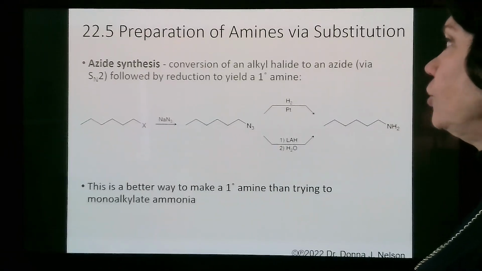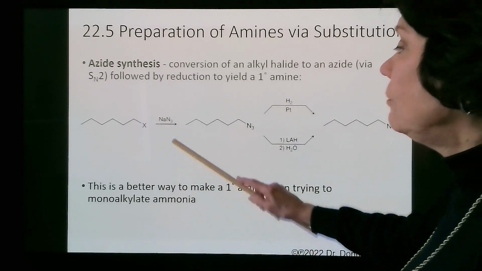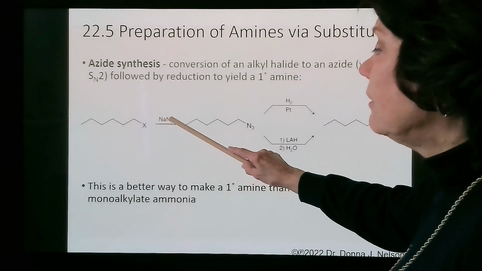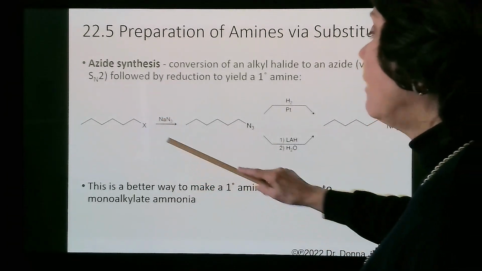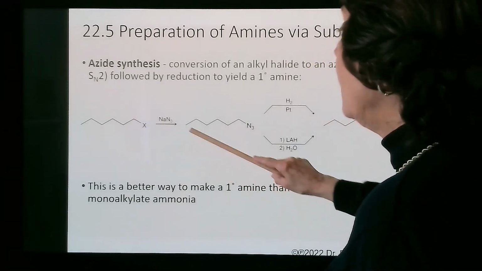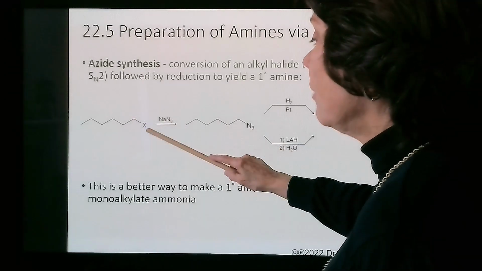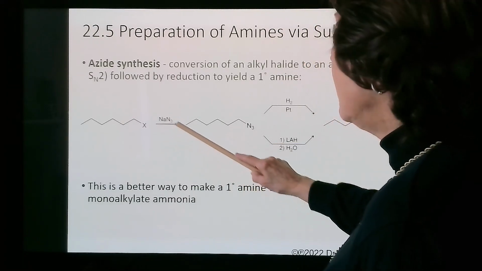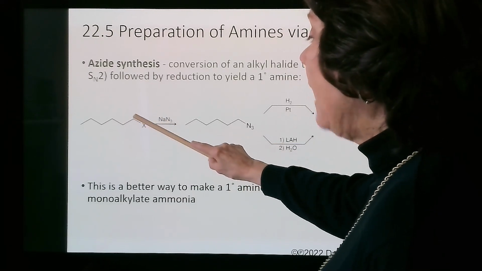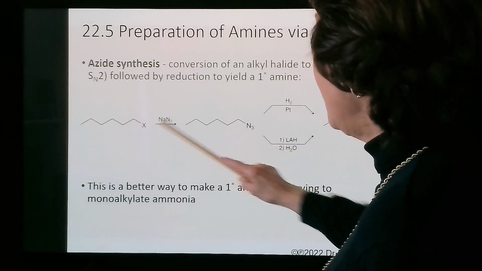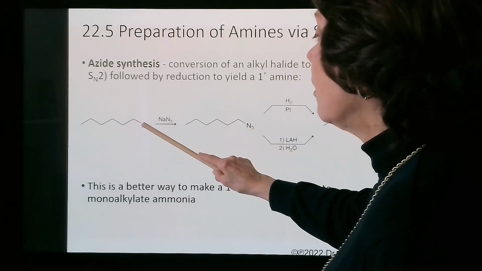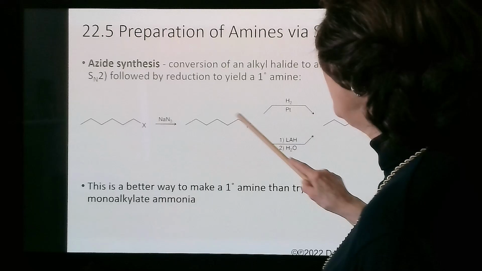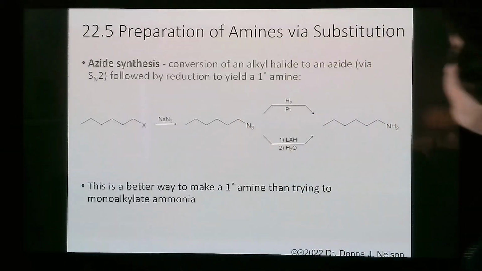Another preparation of amines is by using azide. Here you have sodium azide, conversion of the alkyl halide to an azide via an SN2 reaction. This is an anion, and it will do a backside attack. This is an SN2 reaction, replacing the carbon-halogen bond with the carbon-nitrogen bond.